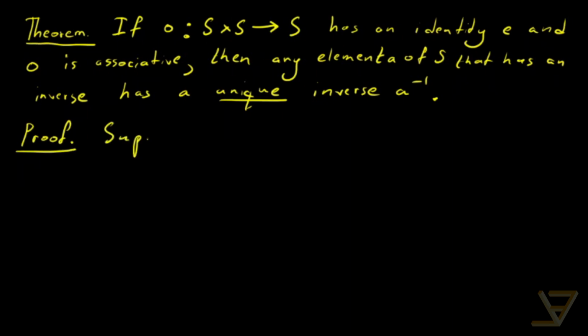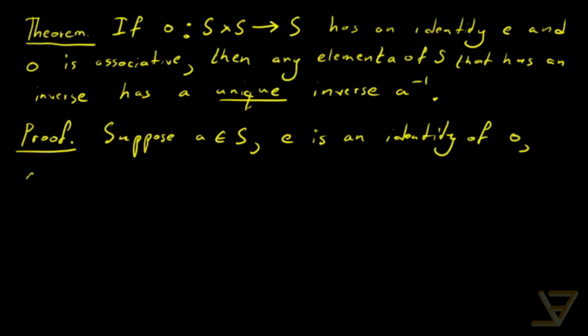So suppose A is an element of S, E is an identity of the operation, and suppose A has a couple of inverses, B and C. Okay, so what we want to do at this point is show that B equals C. And we're going to use associativity and the properties of inverses to do that.